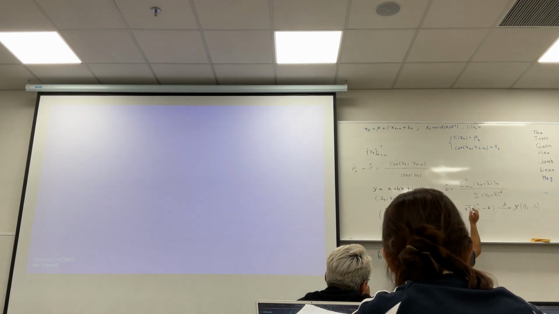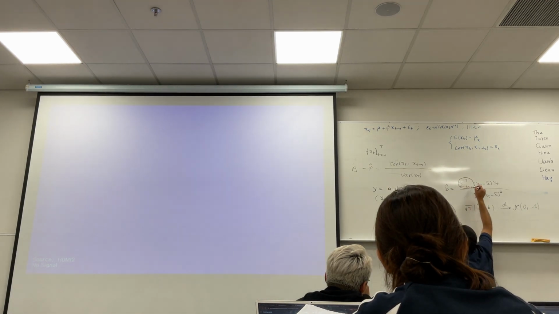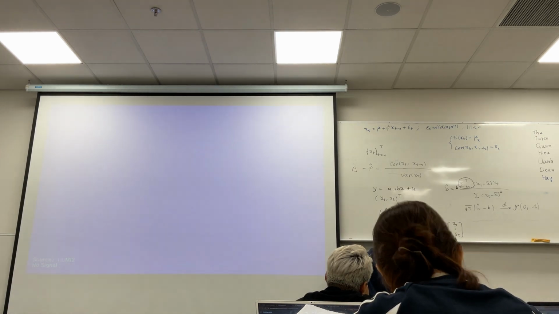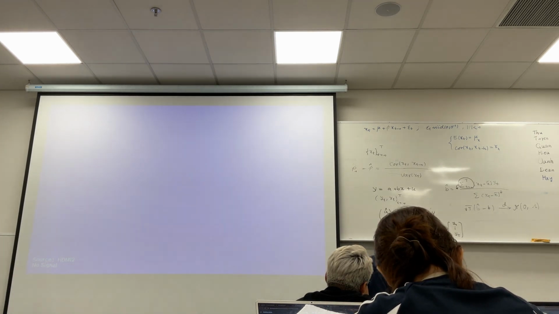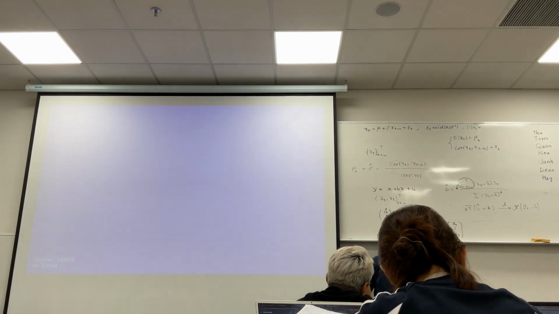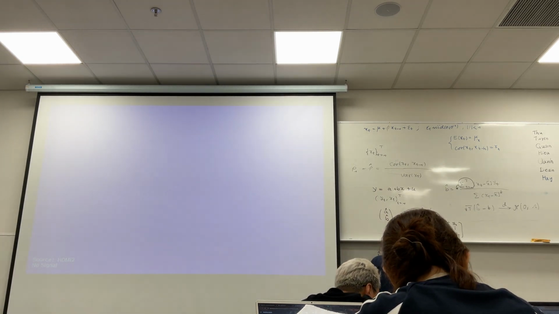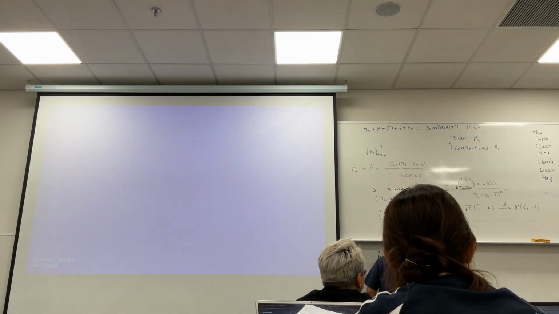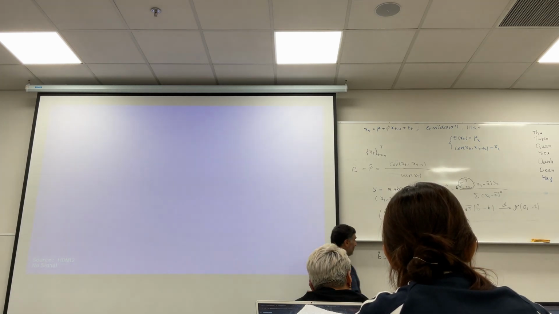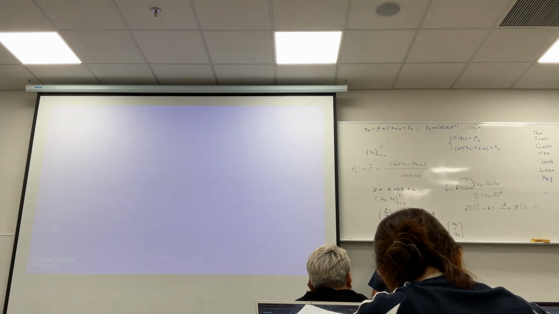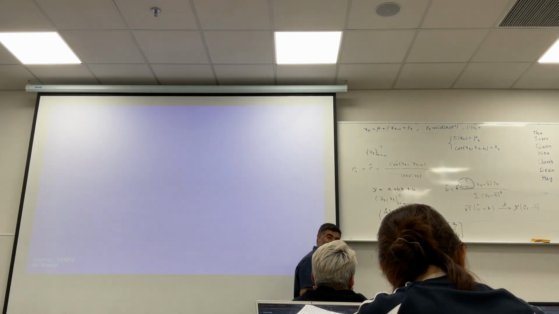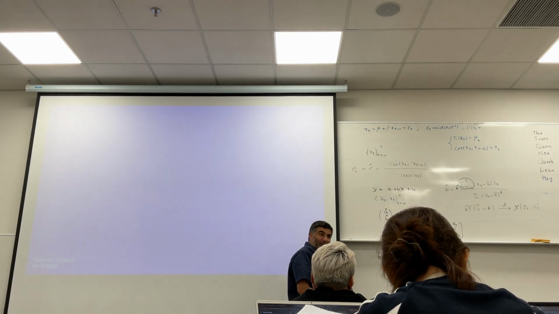This sum that I have here, I want to bring it here. And I want to take this y and put it here. Good? I didn't do anything, I just rewrote it.